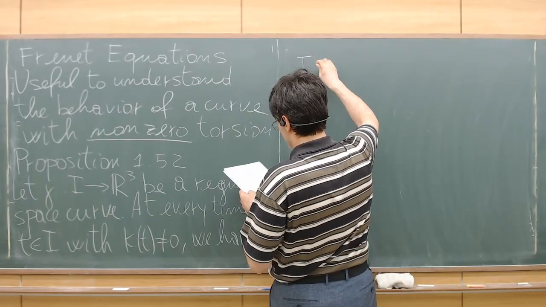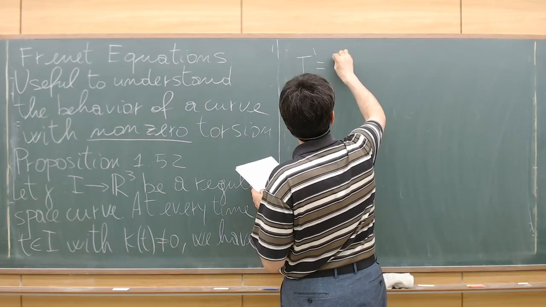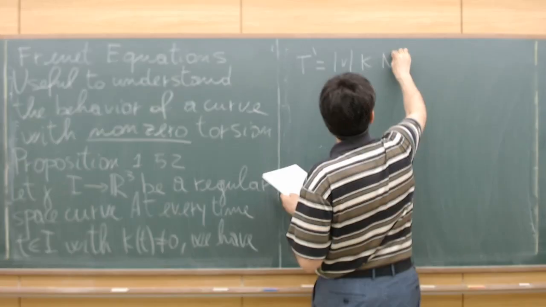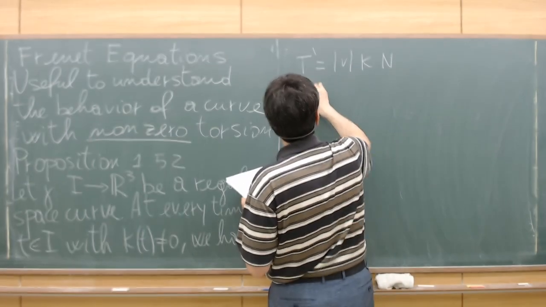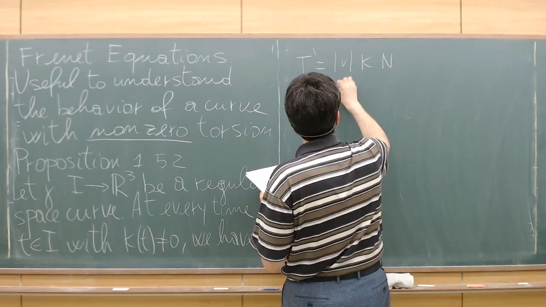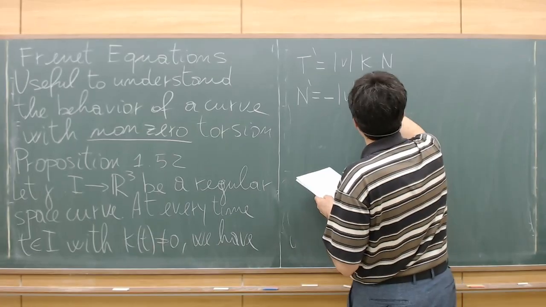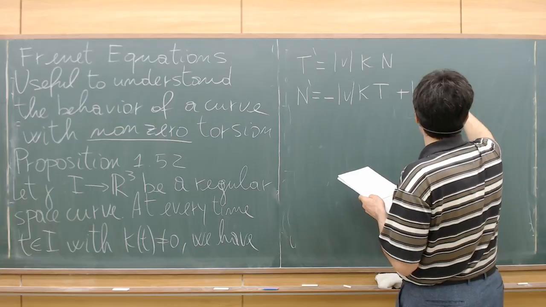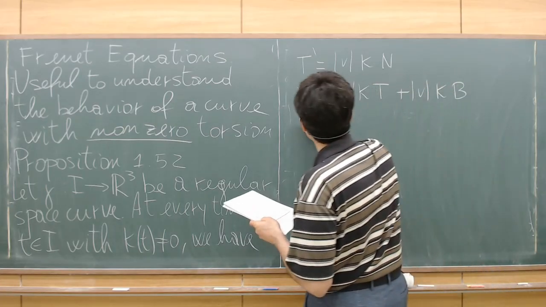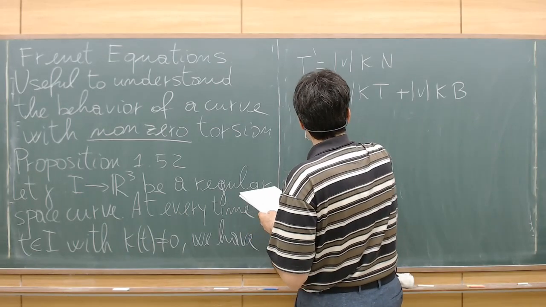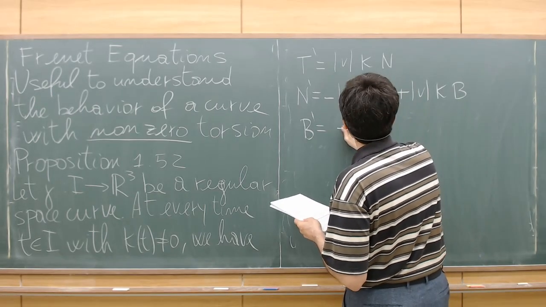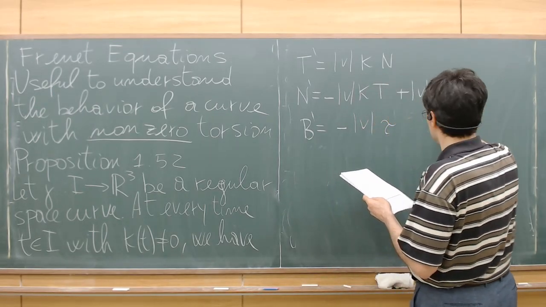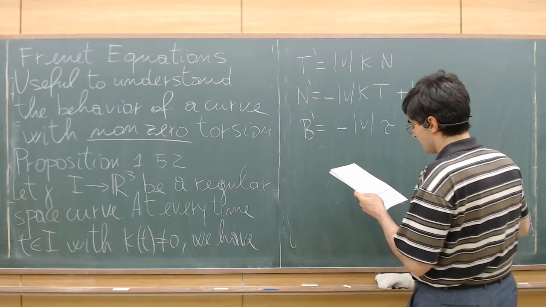T prime equals length of V times k times N. N prime equals minus length of V times k times T plus length of V times tau times B, and B prime equals minus length of V times tau times N.